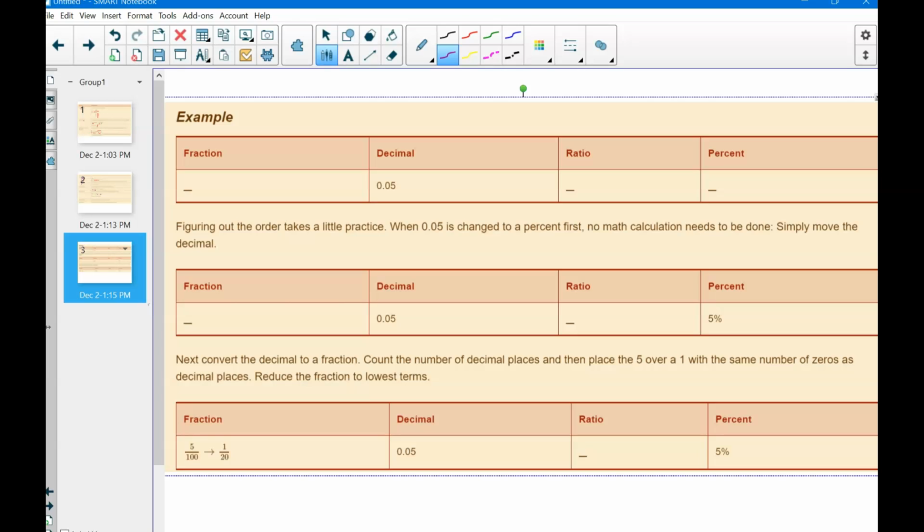First one says the decimal is 0.05. What is it as a fraction? What is it as a ratio? What is it as a percent? Actually, I think I gave you the answer. This gives you the answer to everything. Let's try an example that doesn't do that.